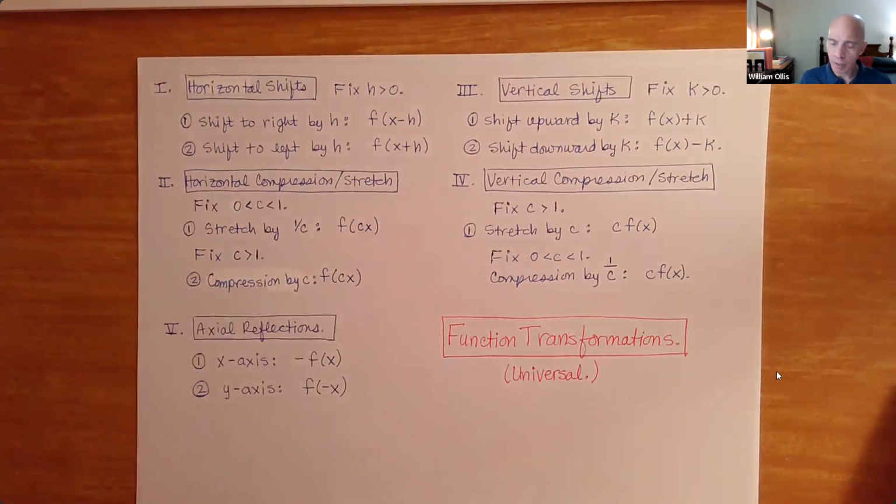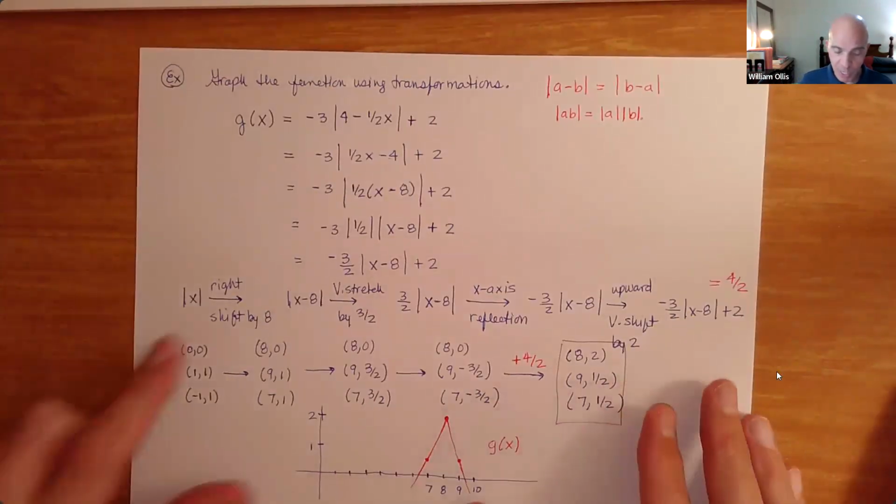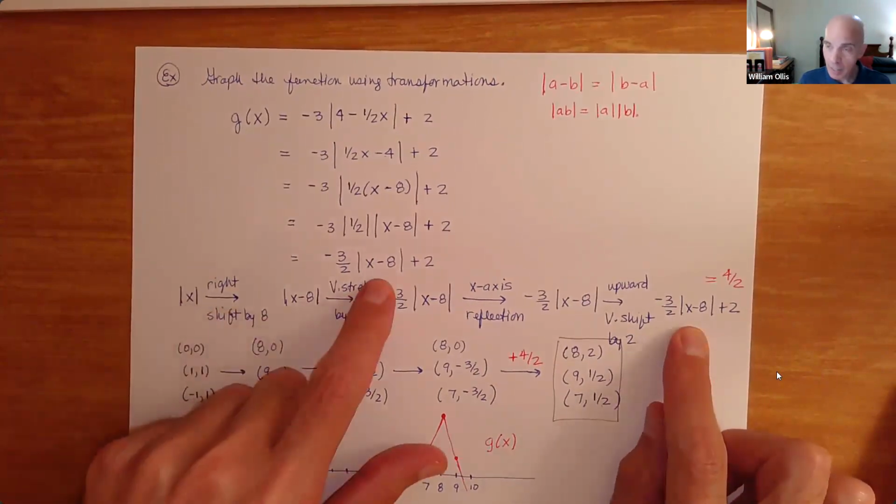But the main thing, ladies and gentlemen, are the transformations. Okay, so the more complicated part of moving things around is affecting the algebra so that we can see the transformations. You usually can see the parent function right away. Then you take the parent function and you sequence the transformations, just like we did here. You sequence the transformations so that you start here and you end here.